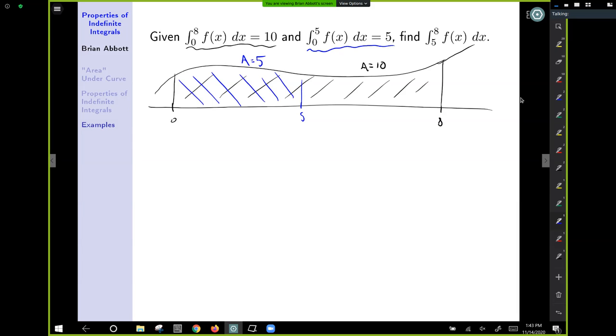The question asks us to figure out the area over the interval from 5 to 8. We want to know this area here. We don't know this area. But here we're exploiting the idea of so-called additivity. If you have a continuous set of intervals, you can add together chunks of area. So the blue area plus the red area should give me the black area.